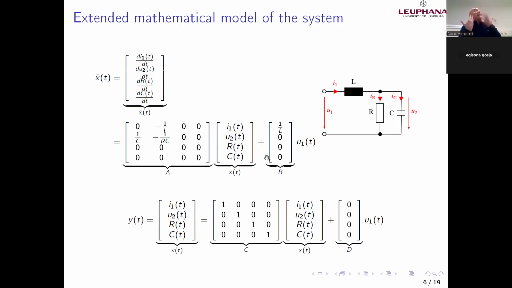But we are in the presence of a nonlinear system. Why that? Because we can see, even though I didn't emphasize it here, that R and C are functions of the time because they are considered as states, augmented states. This time, not only the resistance, but also the capacitance.